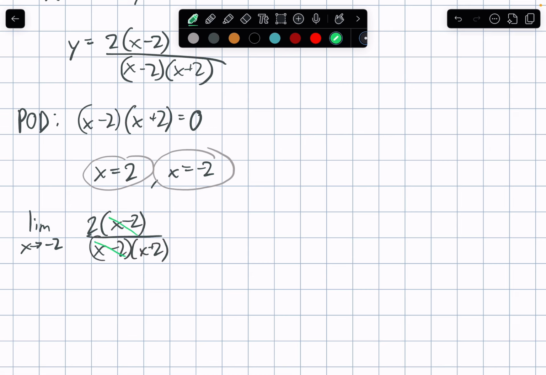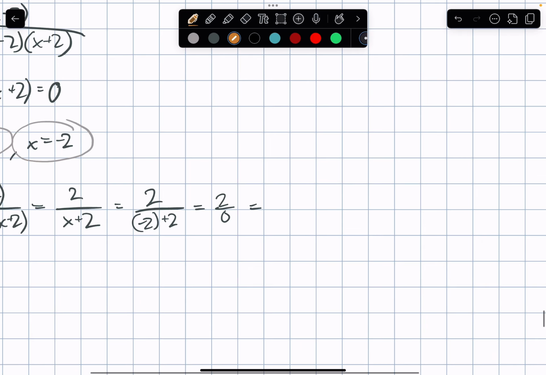So cancel, 2 over x plus 2, and then substitute negative 2 plus 2, 2 over 0. In the previous video, it was said that if we have a constant over 0, I think I mentioned it was supposed to be positive infinity, which it is.